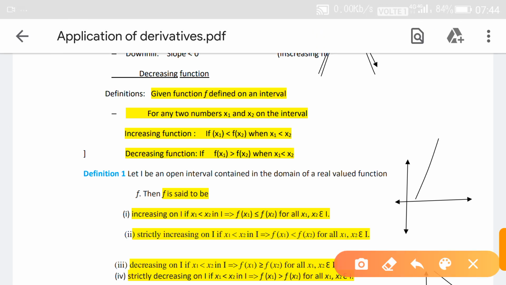If x1 is less than x2 and f(x1) is less than f(x2), then we say the function is increasing. And if we take x1 less than x2 but we obtain f(x1) greater than f(x2), that means the function is decreasing.